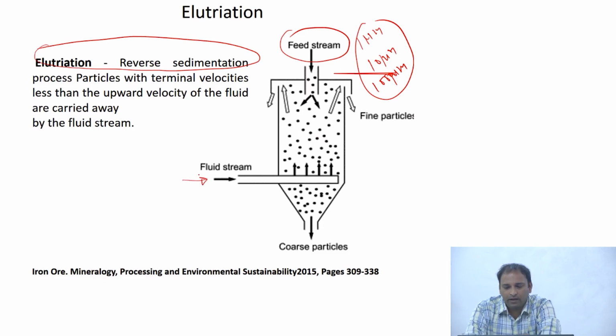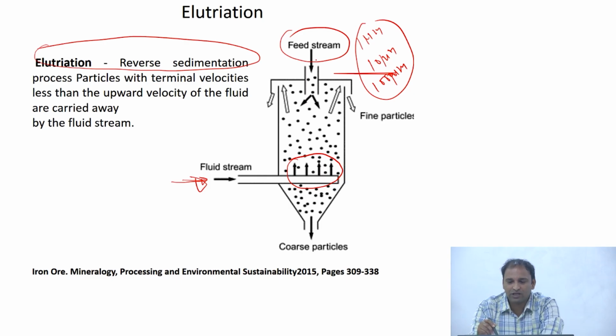With this fluid stream I can maintain a particular flow rate. I have control over the volumetric flow rate of the fluid stream, so I also have control over its velocity.